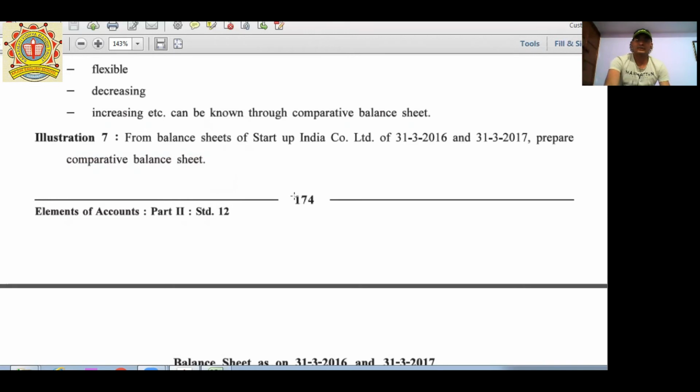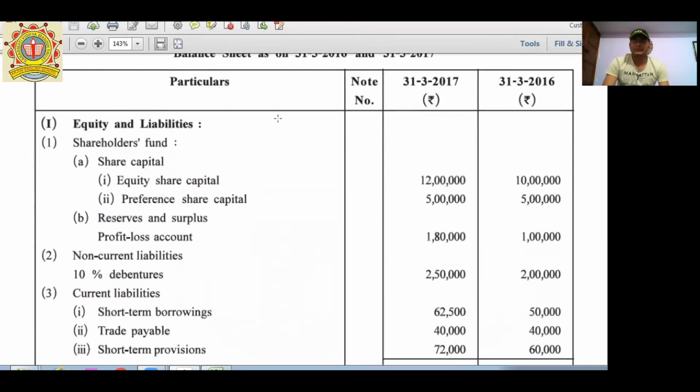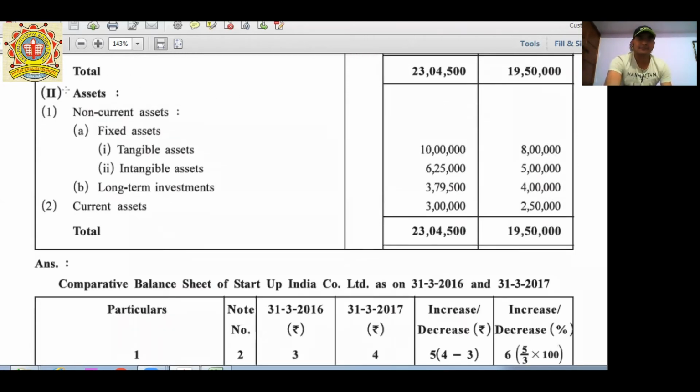Now in this question, again they have provided balance sheet for 31st March 2017 as well as 31st March 2016. In balance sheet, there are mainly two parts, equity and liability, as well as assets. Total of equity and liability and total of assets must be same.